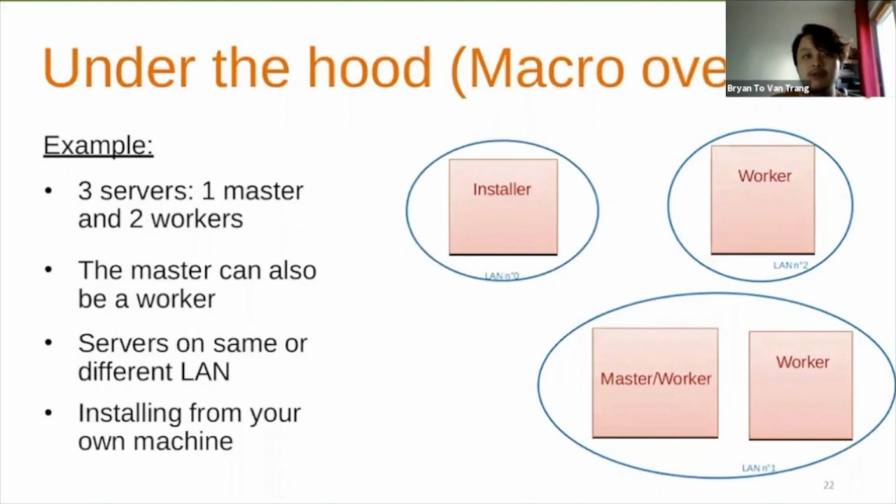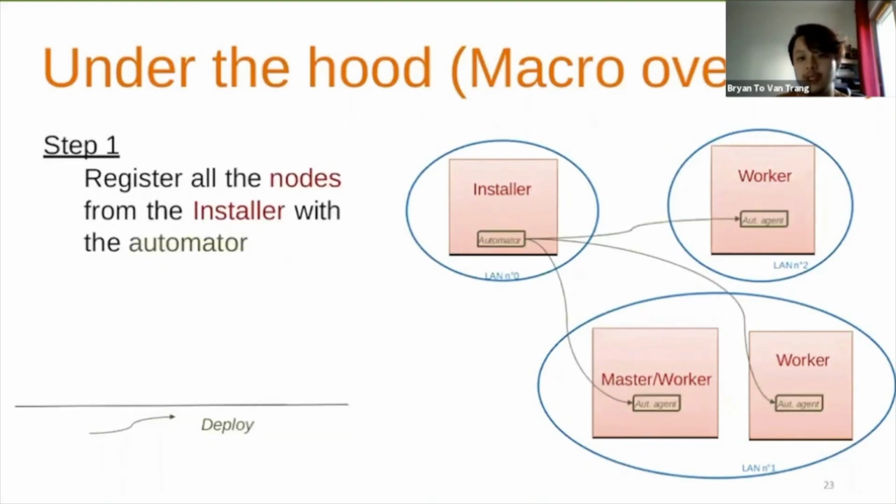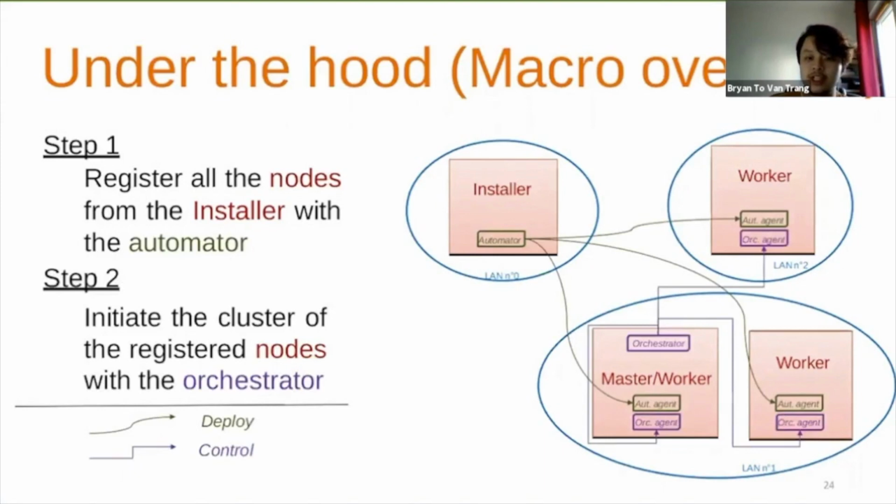And finally, we wanted to ease the deployments by installing on your own machines, which here is represented by the installer. The first step will be to register all your nodes to the automation tool. Then the second step will be to initialize a cluster with Kubernetes, thanks to all the registered nodes on the automation tool.